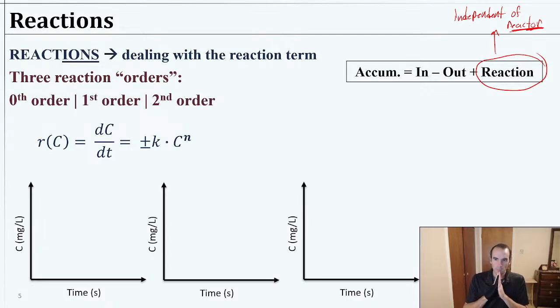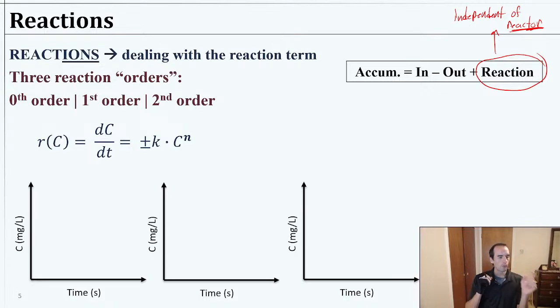Okay, so talking about reactions, you've probably seen this before somewhere, but in case it's been some time, we typically deal with a few different reaction orders that we could describe. And this is really describing the rate at which something's changing. That's a reaction.